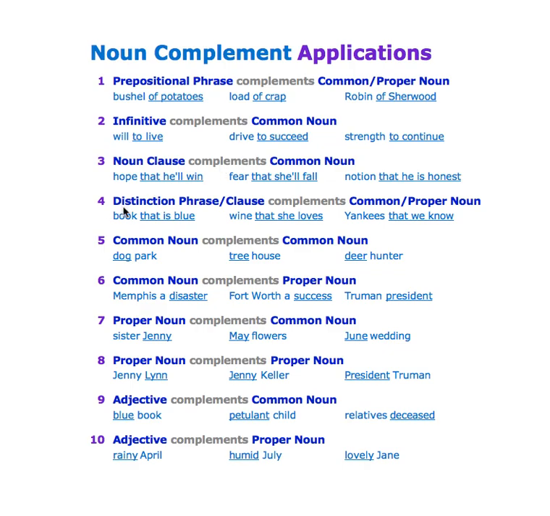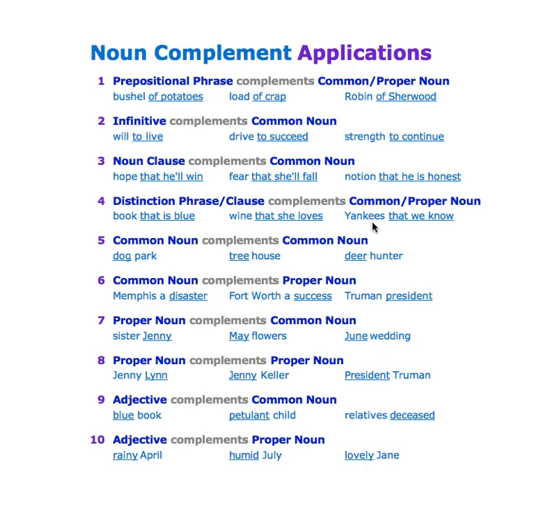Application number 4, distinction phrase or distinction clause complements a common noun or a proper noun. Book that is blue, wine that she loves, Yankees that we know. Now here you see that the distinction clause that we know complements a proper noun, Yankees.